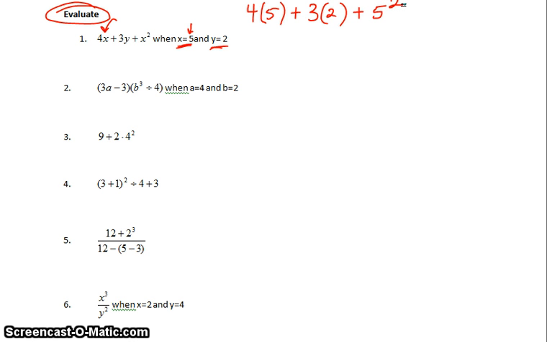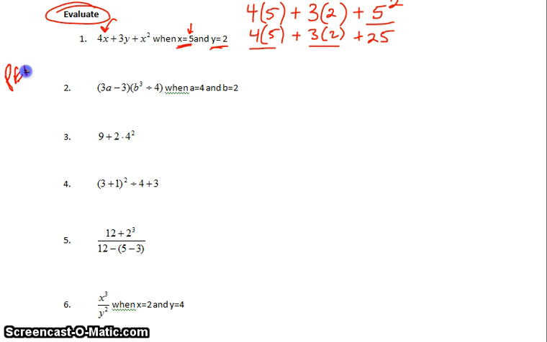Order of operations tells us to do the exponents first. So I do 5 squared first, and that's 25. I could bring everything else down. Now I have some multiplication here. That's next with my order of operations.